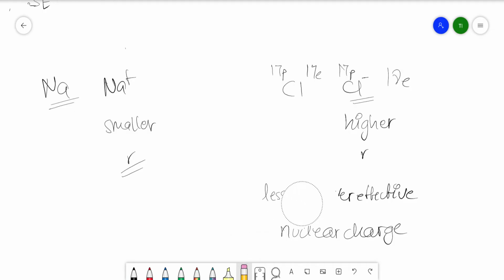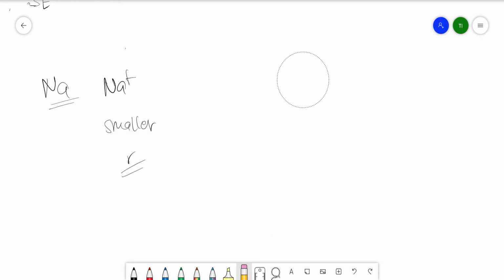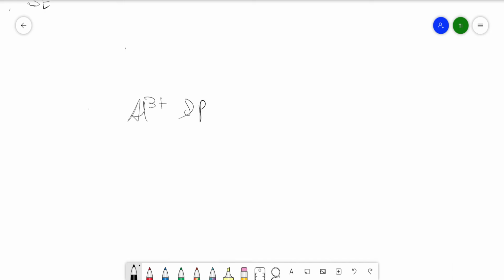And the other comparison that you have to be able to make is between anions and cations. So what would be the case, for instance, for Al3+ and P3-? Similar to the previous examples, it's the same here.